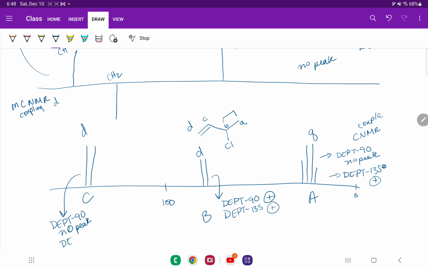On the DEPT 135, this should be positive. And D has two hydrogens on it, so it should show up as a triplet. On the DEPT 90, no peak. On the DEPT 135, it should be negative, right? So it should point down.